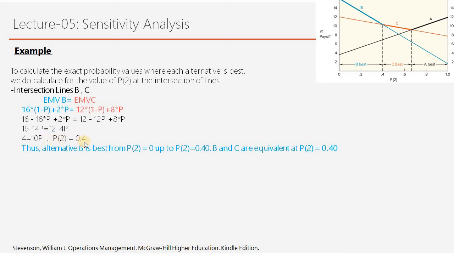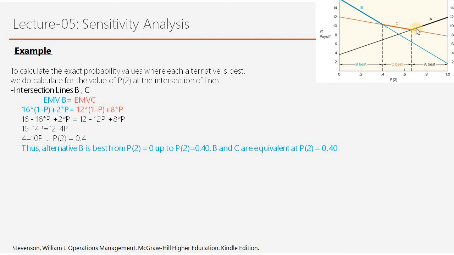Remember that this is the probability for the second state of nature. So I got the first point. The value of the point of intersection is 0.4. So now I have the first range, which is from 0 till 0.4. When the probability is between 0 and 0.4, B is the best alternative.